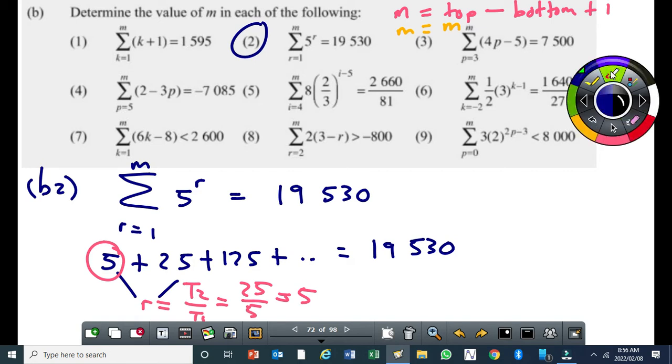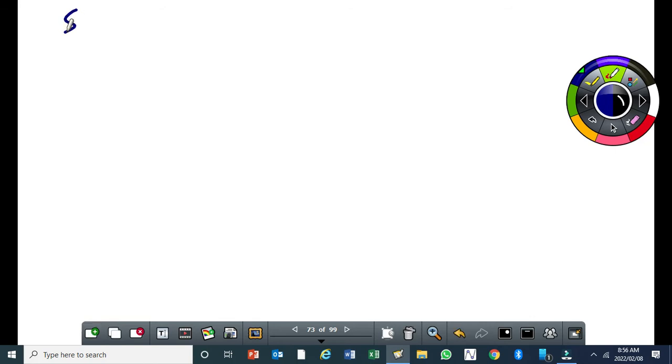I will change it later. So we write S n is equal to a times r to the power of n minus 1, over r minus 1. We want to calculate that m.